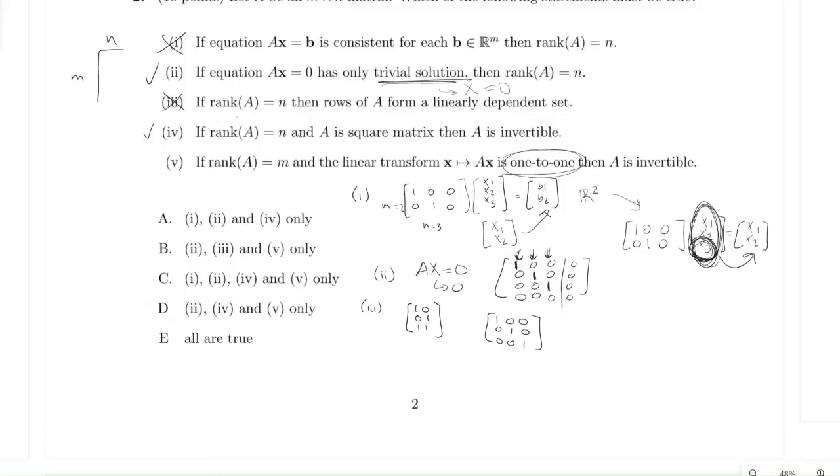This means that every x is getting mapped to some other vector, and so an inverse exists for A, because you can then map back from this Ax vector. If an inverse exists, then A is invertible by definition. So your answer is going to be D.